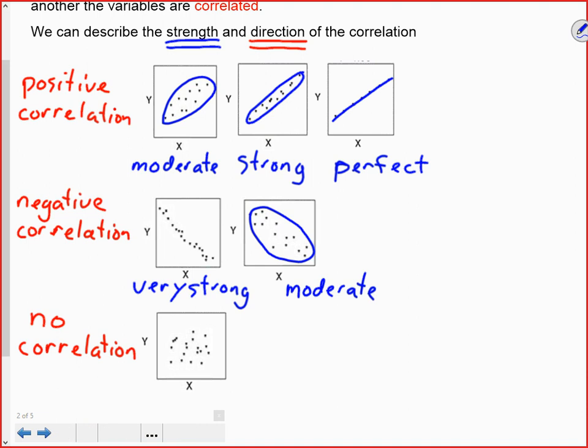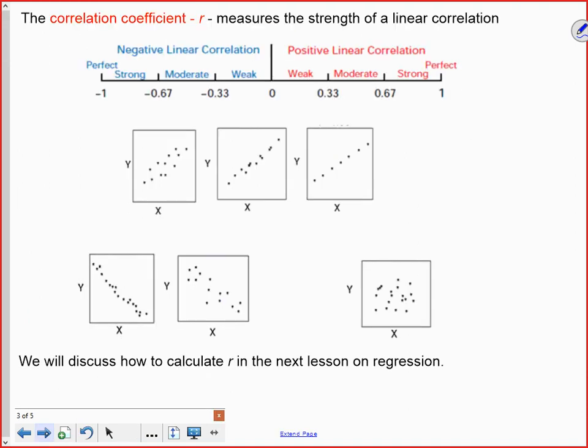So it's nice to be able to use these words to describe this correlation, but this is math, so we might want to do these things a little bit more numerically. If we want to measure the strength of the linear correlation between these two things, we use what is called the correlation coefficient, sometimes indicated by the letter R. It measures the strength of a linear correlation, and the values can range from -1 to 1.